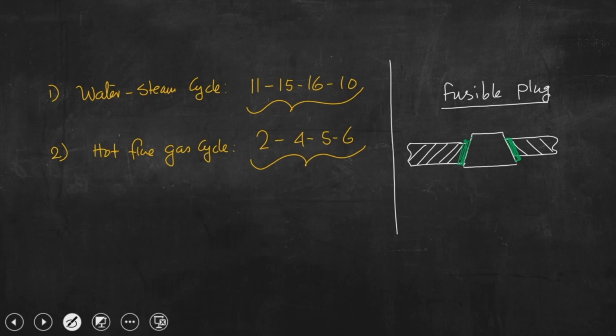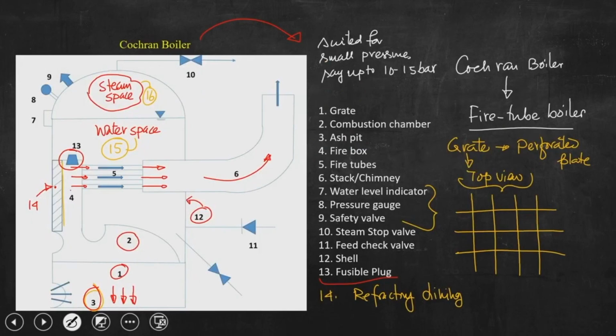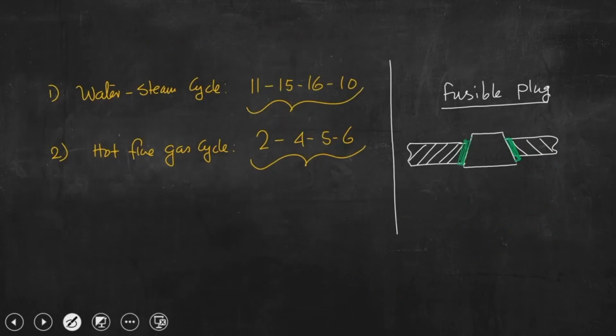If we go back to the slide: the water level is reduced, steam has occupied the water space, and this component is now in contact with the high temperature steam. Because it is welded to this wall using a low melting point material, that material will melt and the plug will drop, and we get an opening.